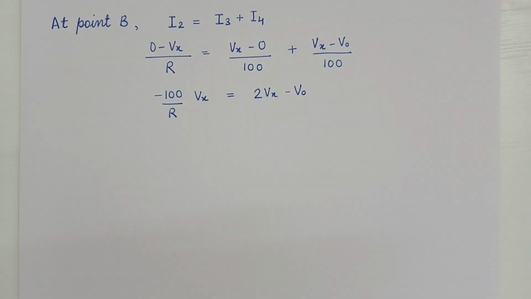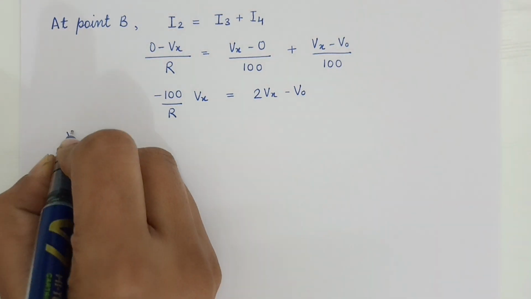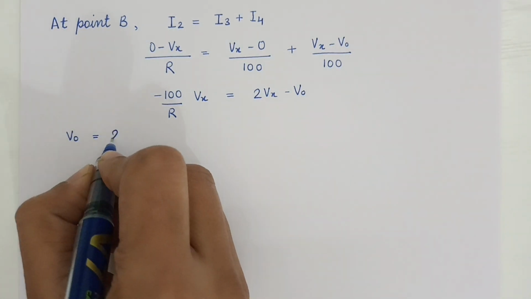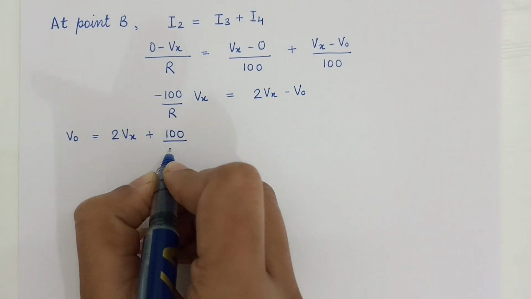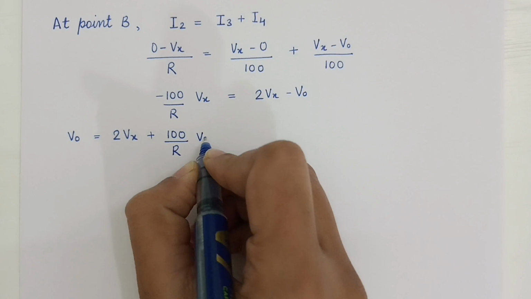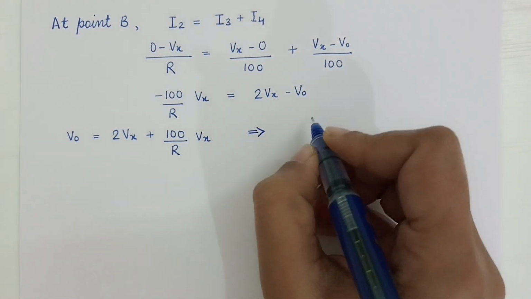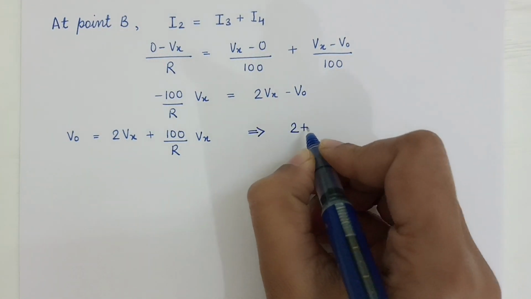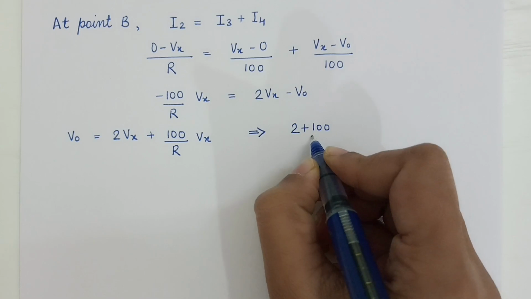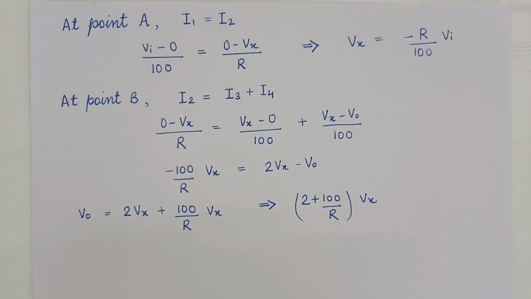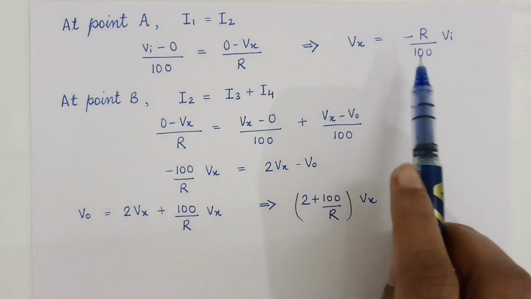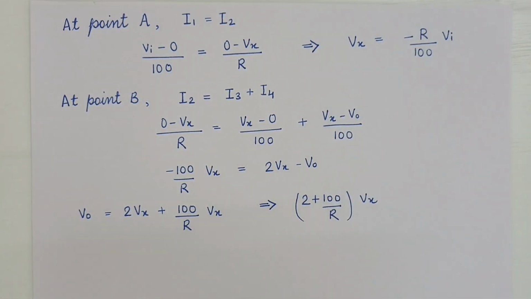So now let's take this V0 to the left hand side and the rest term to the right hand side. So we get V0 is equals to twice of Vx plus 100 divided by R Vx. So it is 2 plus 100 divided by R Vx. And now we can put the value of Vx from here, that is minus R upon 100 Vi.